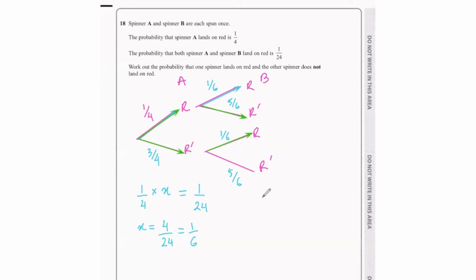So that's going to be 1/4 times 5/6 plus, because we're going across, now the second branch would be 3/4 times 1/6. So as you can see, when you went along the branches, I multiplied. As soon as you went across the branch for 3/4 times 1/6, this is an OR option.